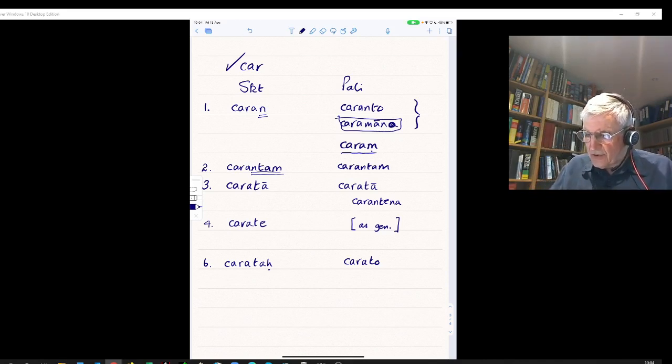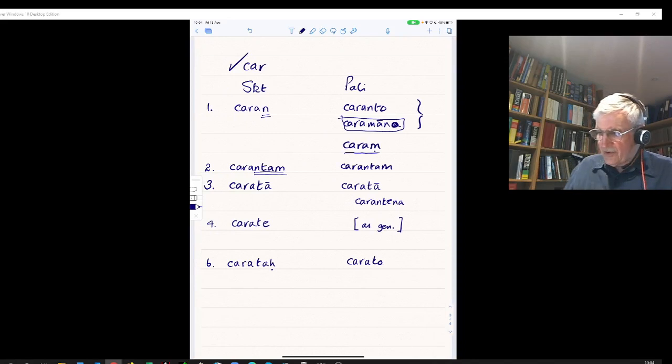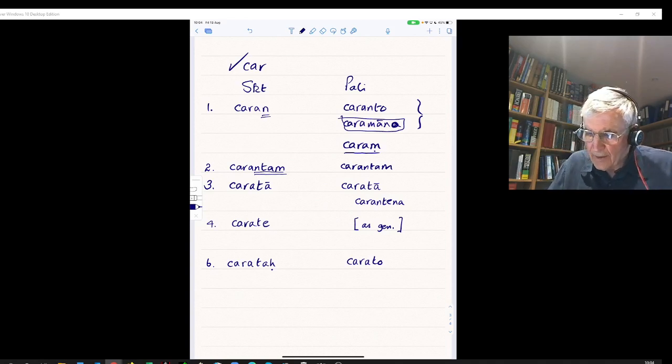So now we know the dative is the same as the genitive. If you give something to the walking man, it would be charate narāya in Sanskrit, charato narassa in Pali.